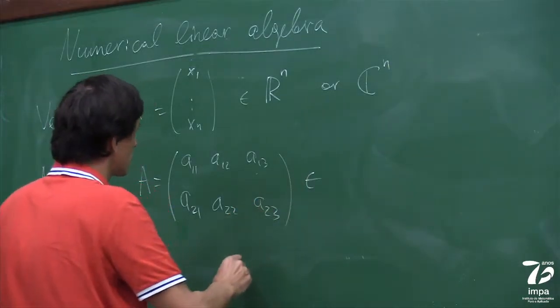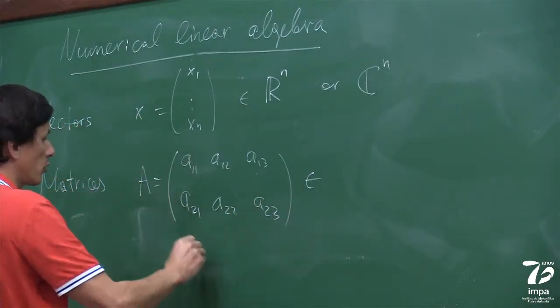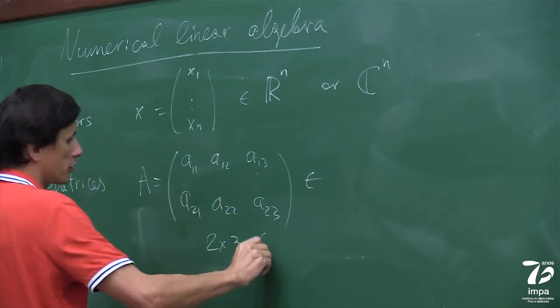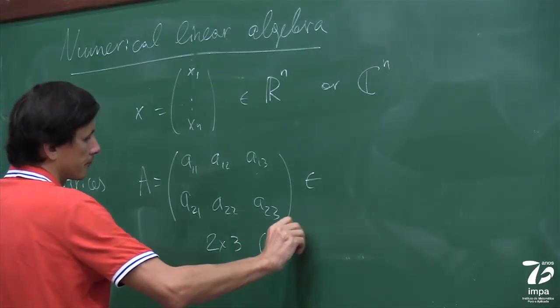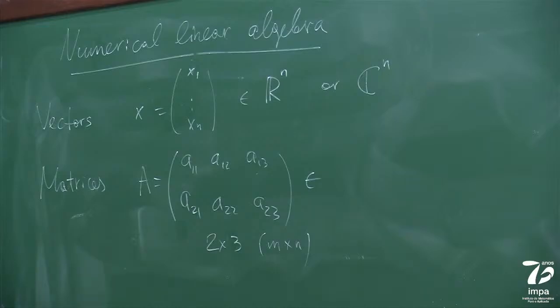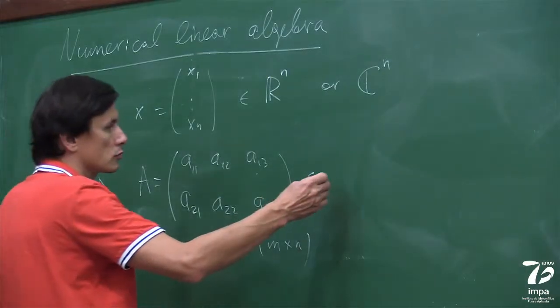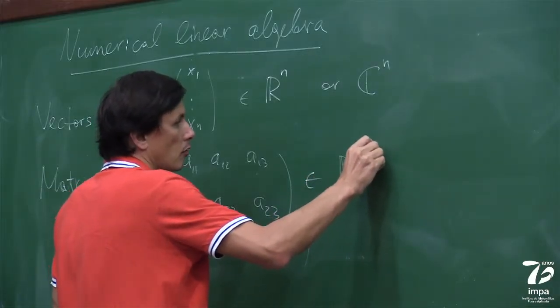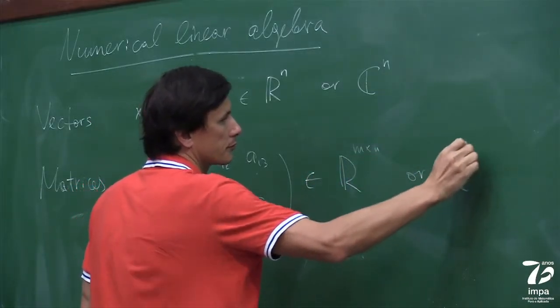So the matrix in this case is 2 by 3. In general, it's m by n, so m rows and n columns. We consider either real components or complex components as elements.